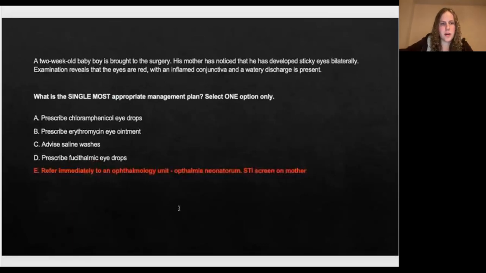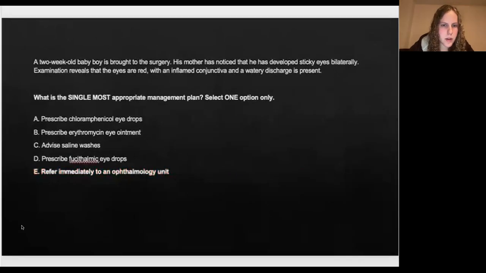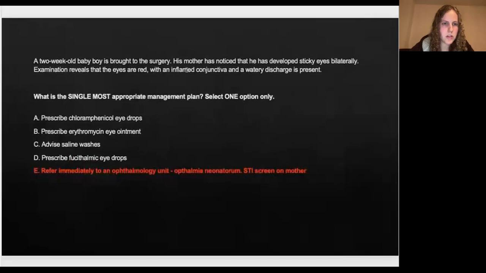Okay, so the answer is referral to an ophthalmology unit because this is ophthalmia neonatorum. So yeah, the patient has an inflamed conjunctiva, discharge, and sticky eyes. It's because the baby is so young that you should suspect quite a bad infection that could be passed on from the mother.